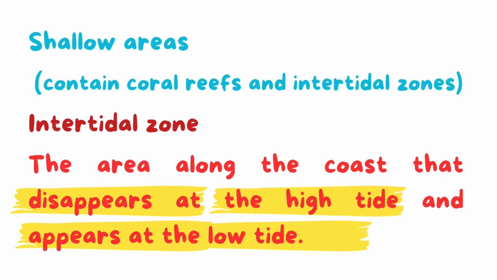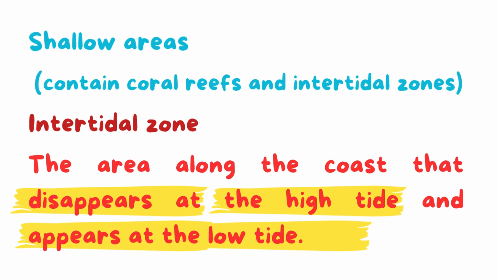The intertidal zone means what? The area along the coast that disappears at high tide, covered with water, and appears at low tide when the water goes back, okay, so this area appears.